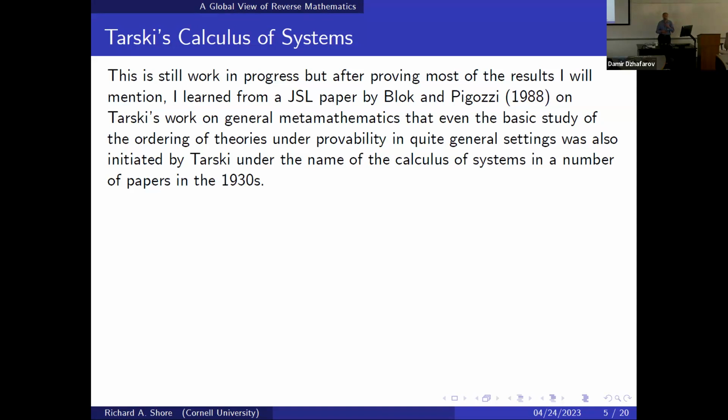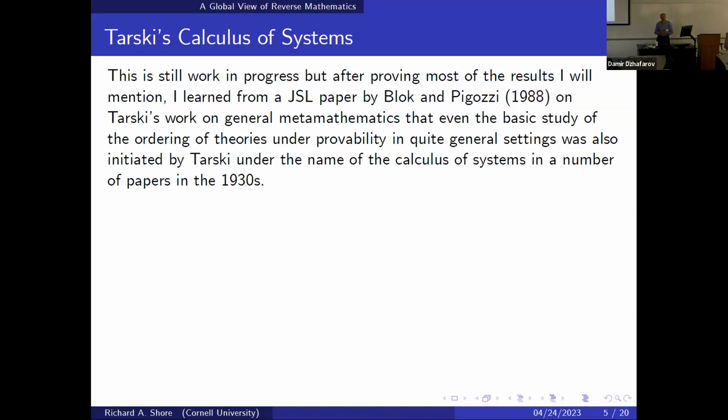And this led Tarski to his work on Boolean algebras in a way, by noticing that he could translate back and forth between provability and Boolean algebras. So I now know that he proved quite a number of the theorems that I proved, but only 100 years ago.